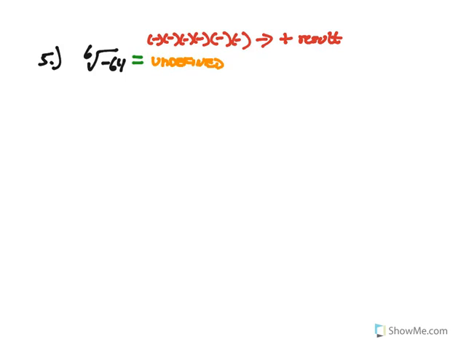Okay, let's do this one. This is a good one. What do you think this one is? All right, so the fourth root of negative 1. Again, look at the root. That's even. We cannot multiply 4 negatives and get a negative answer, right?